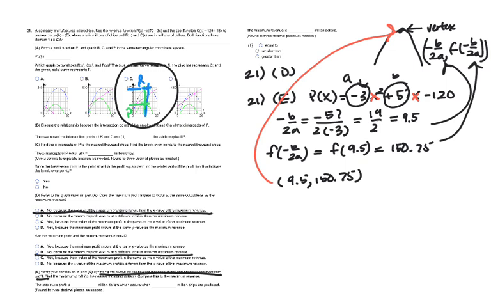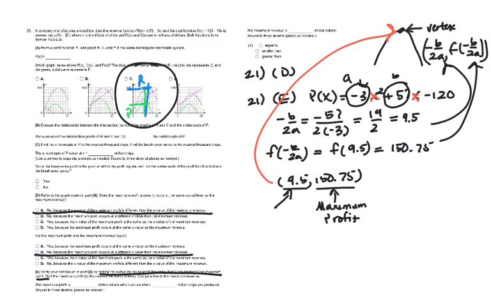The maximum profit is always going to be the y coordinate. Since this represents the vertex of the profit function, this will represent the maximum profit, and it occurs when we've produced 9.5 millions of chips.